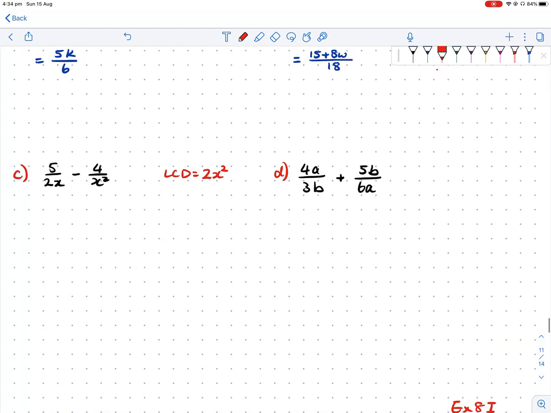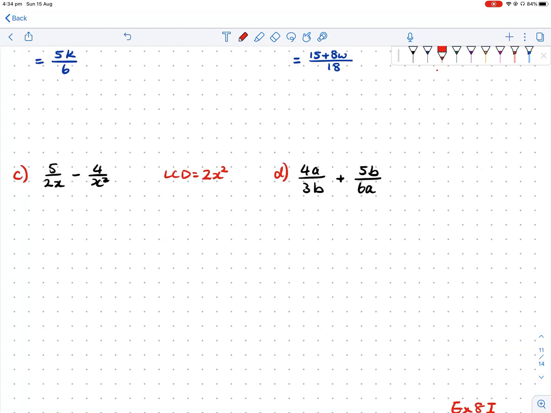So if we look at the first fraction, because we've got 2x, we need to change it into 2x squared. We're going to multiply top and bottom by x. For the second fraction, we've got x squared. We're still missing a 2, so we're going to multiply top and bottom by 2. So when we go to write this out, we've got 5x over 2x squared minus 8 over 2x squared.